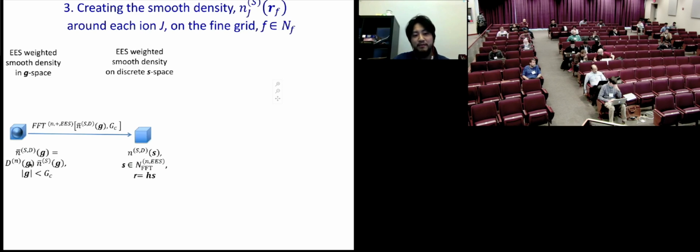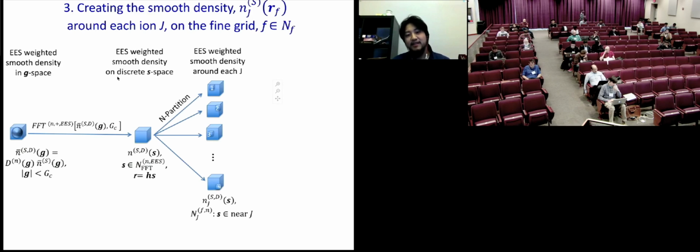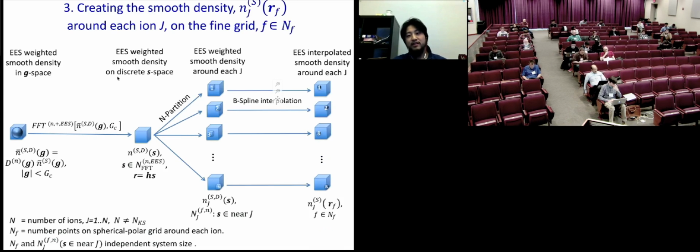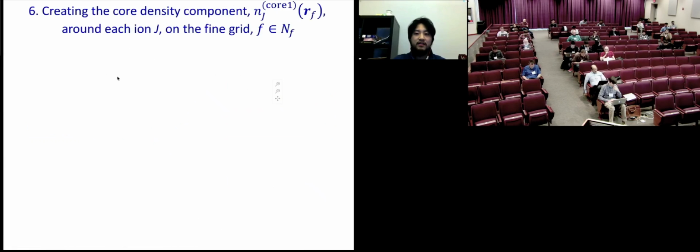And then you do a big giant FFT, and so you get the ES-weighted smooth density in the real space. And then you do the M partition, and you find the FFT points associated with each atom J, and from there you can do a B-spline and get the density on the F grid around each atom.